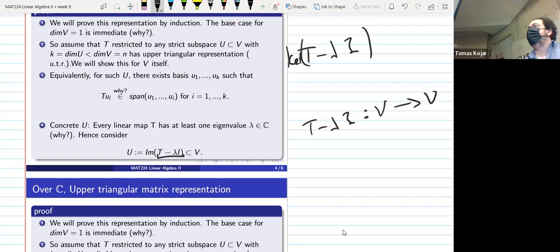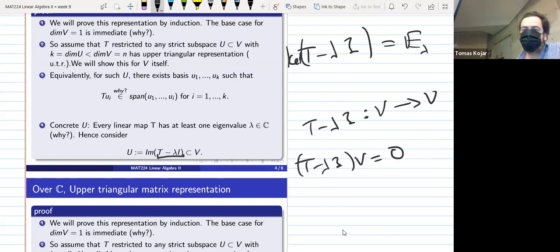It's E lambda. Right? Because (T minus lambda I)v equal to 0 is the same as Tv equal to lambda v.